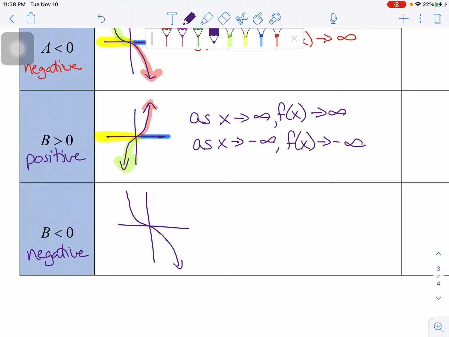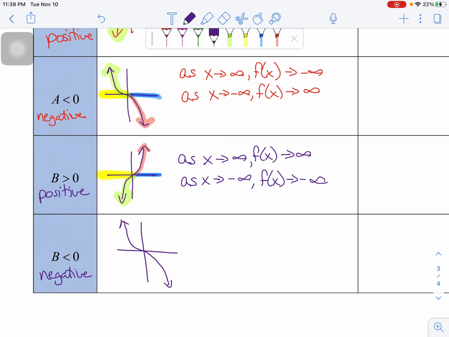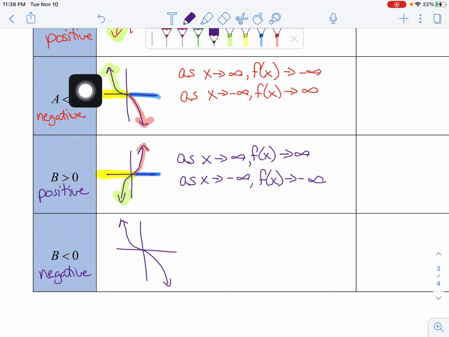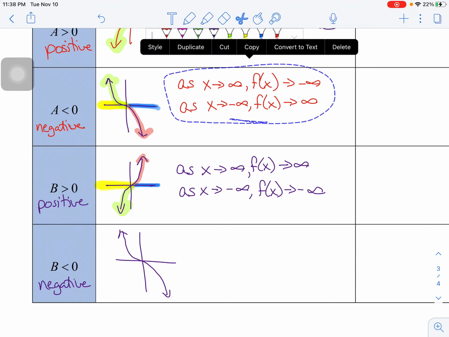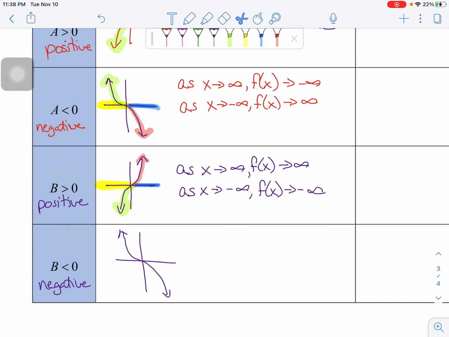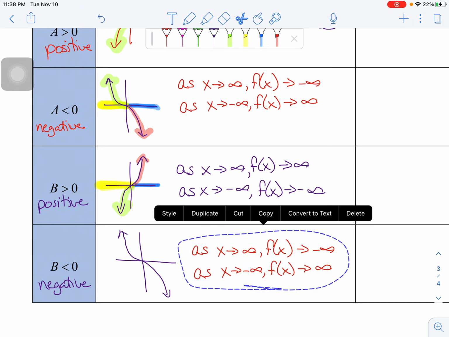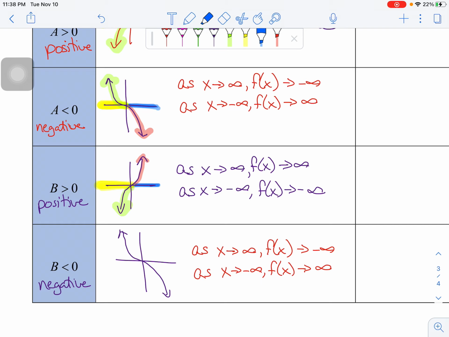All right, so the graph would look something like that, which means that our end behavior is the exact same thing that we have here. So again, being just a touch lazy, I'm going to loop it, copy it, and then paste it down here.